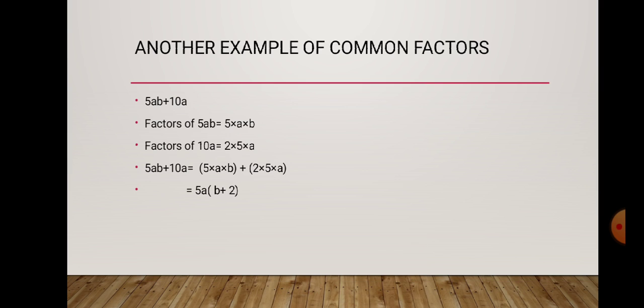I have seen 5a. 5a is common in both. So in the first term, what is left when I take 5a outside? b. And whatever the sign is in between, we put it plus. And in the second term, we take 5a as common. What is left? 2. So the common factor form of 5ab plus 10a is 5a multiplied by b plus 2.